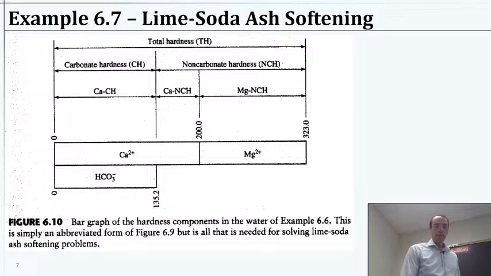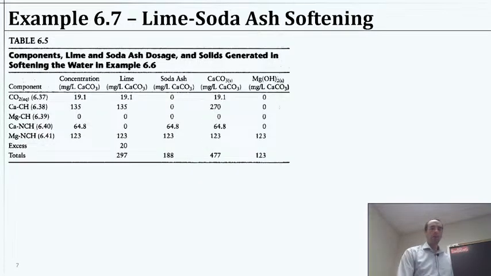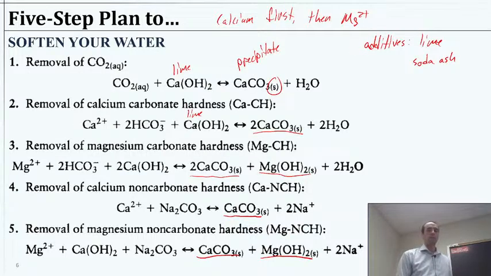Now, this is showing up because if we take a look back at our stepwise process, we move any excess CO2 that we can just flush out of the system by reacting it with lime. Then from there on, we can make use of whatever bicarbonate is remaining in the system by reaction with first calcium.